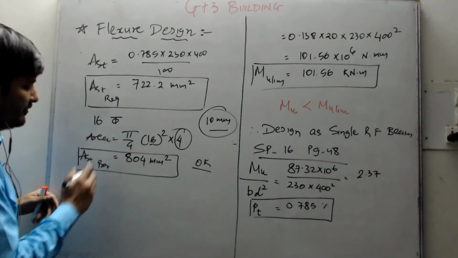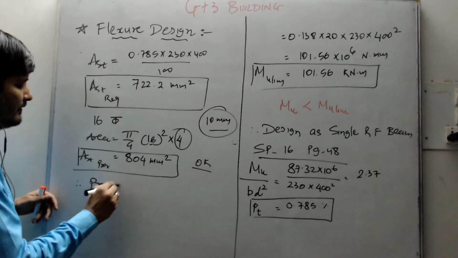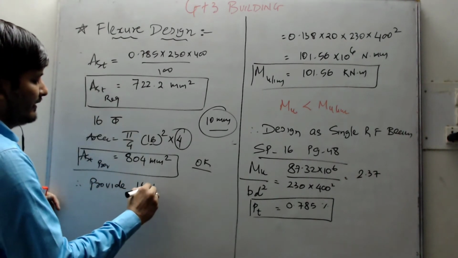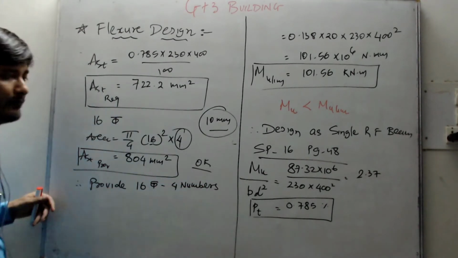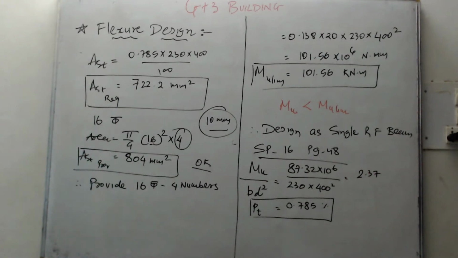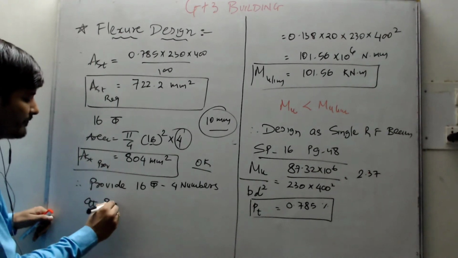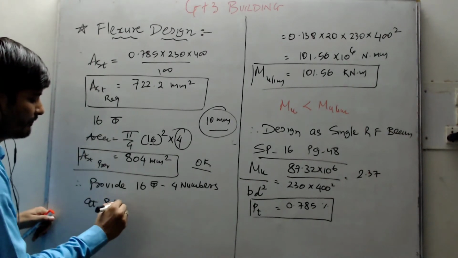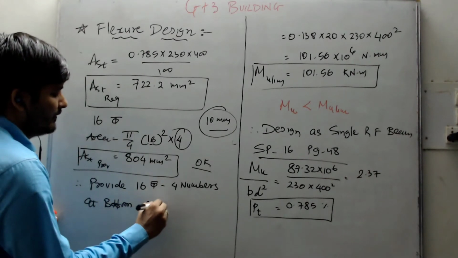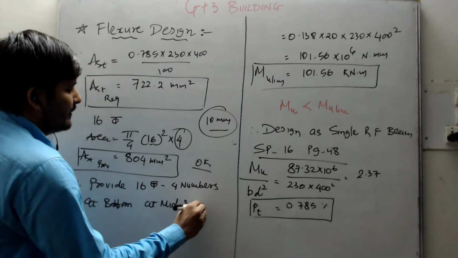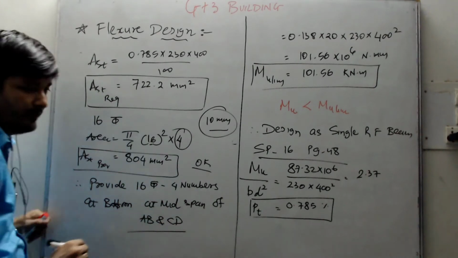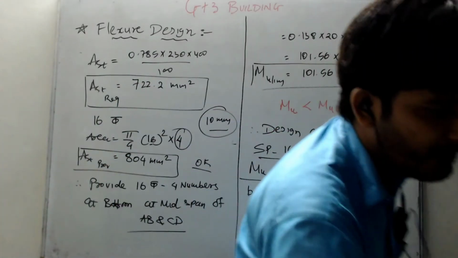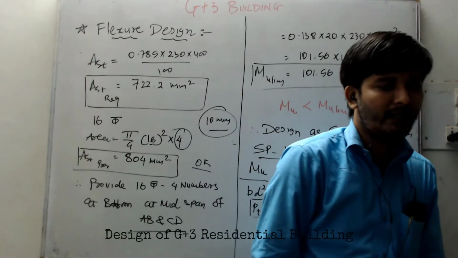So therefore provide 16 dia bar, 4 numbers at bottom at mid span of AB and CD, right?